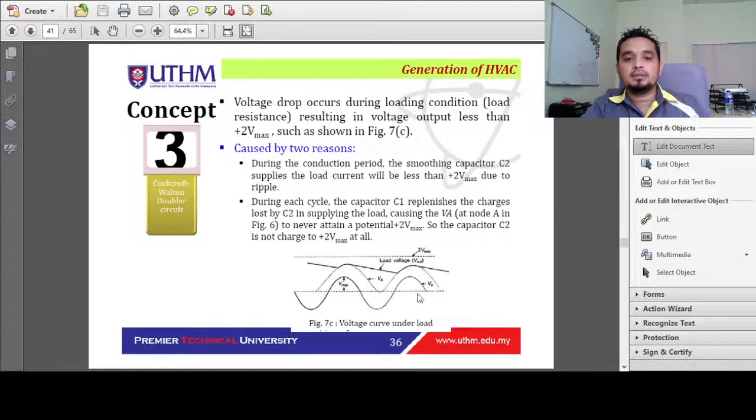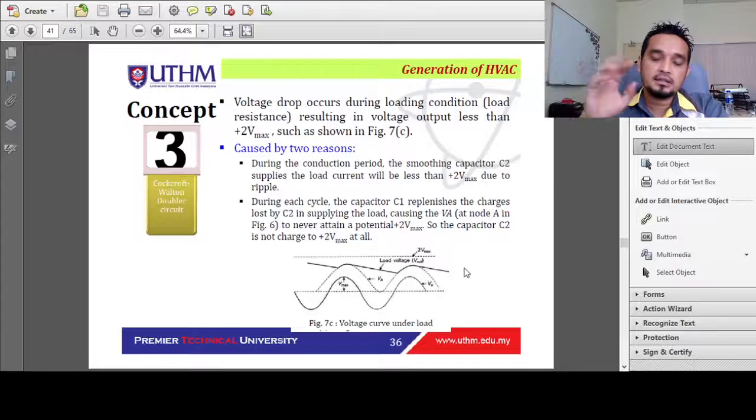Due to the combination of charging and discharging, and the smoothing capacitor, there is the ripple factor, like in a normal rectifier circuit, and the other is the combination of capacitor C1 and capacitor C2 discharging and charging. That's why we will never reach the maximum value at this point, although we expect to. Due to these two reasons, the output DC will be slightly lower.